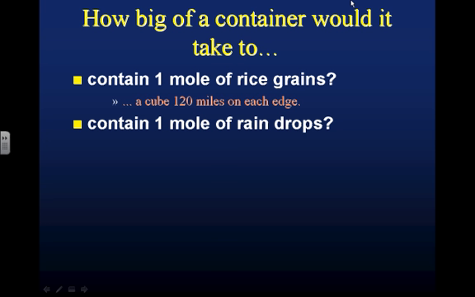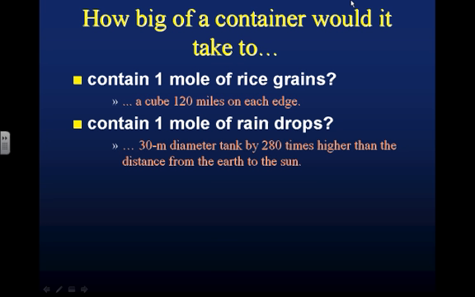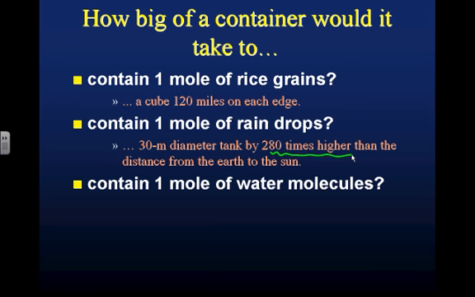All of them. Mole of them. All 6.02 times 10 to the 23rd. It would be 280 times the distance from the Earth to the Sun. That's how high it would have to be. So we actually figured this out. We can figure it out if you get the volume of the raindrop and then how much area it would take and how much volume it would take. You can figure it out in probably 30 seconds.